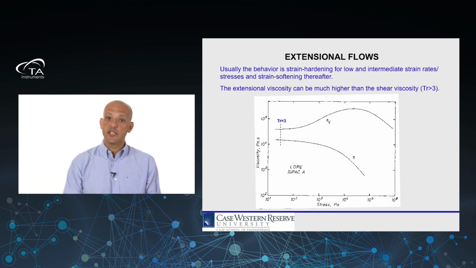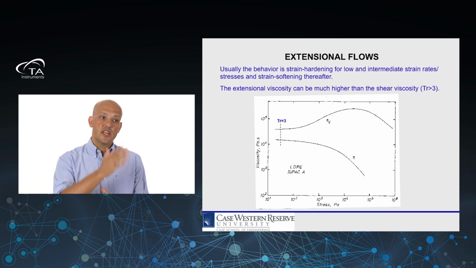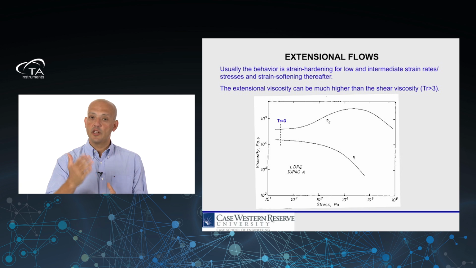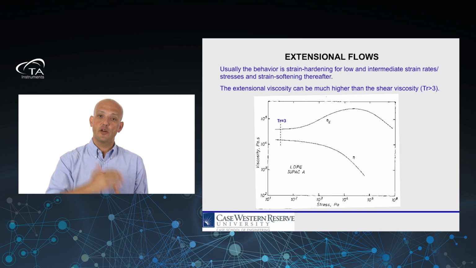So, not surprisingly, at very low stresses, this Newtonian limit of the Trouton ratio of 3 still holds. The zero shear viscosity of this particular LDPE is about 17,000 pascal second, and the zero uniaxial extensional viscosity is about 50 to 51,000. So essentially 3 times the shear viscosity.